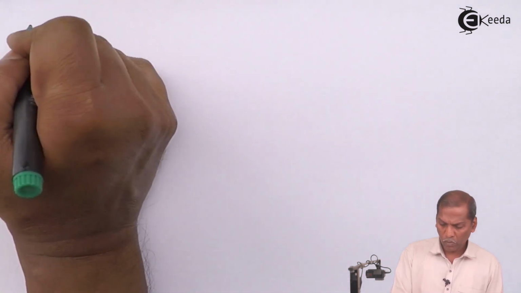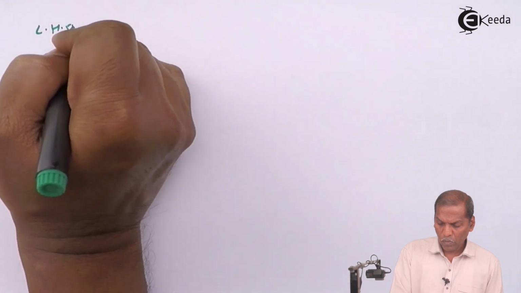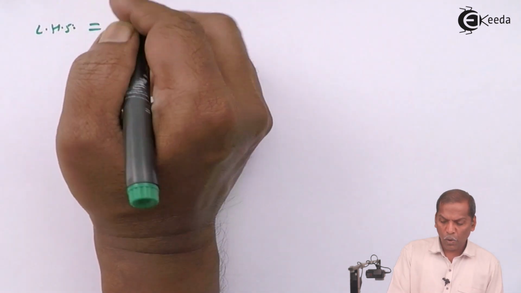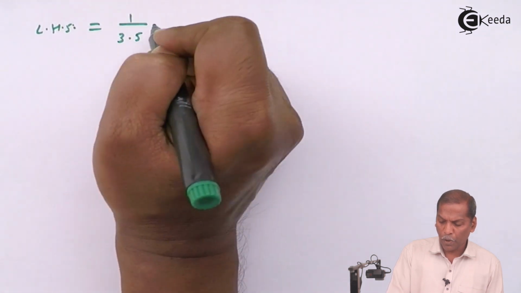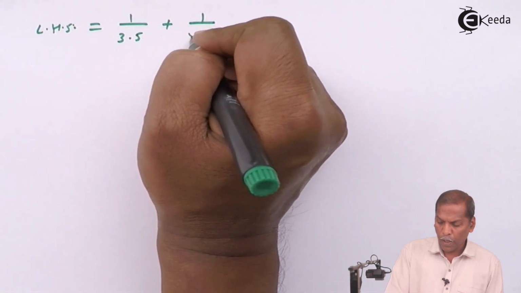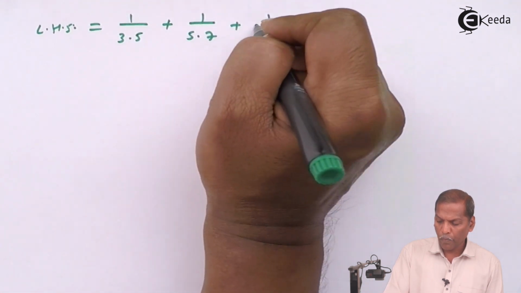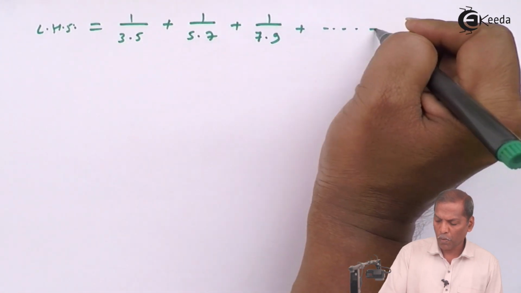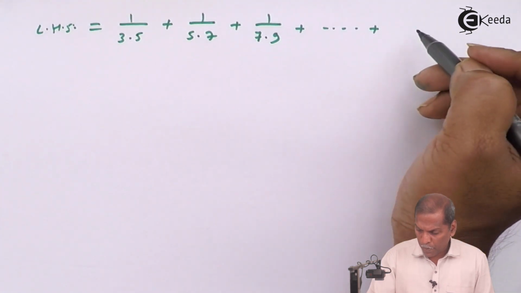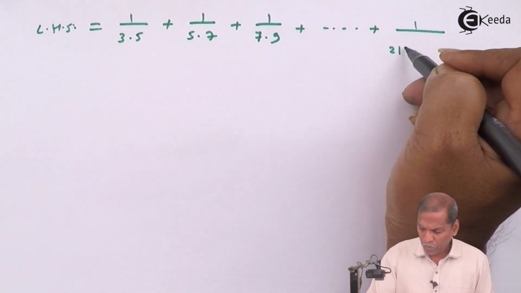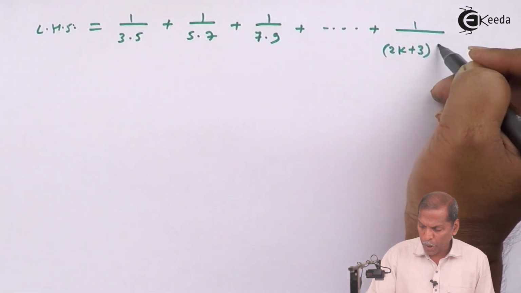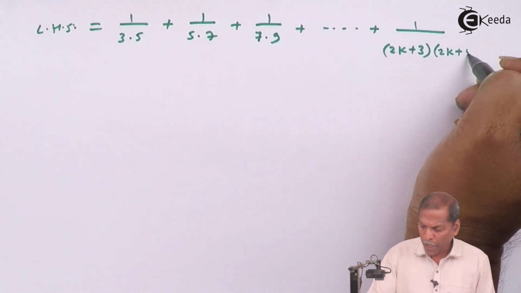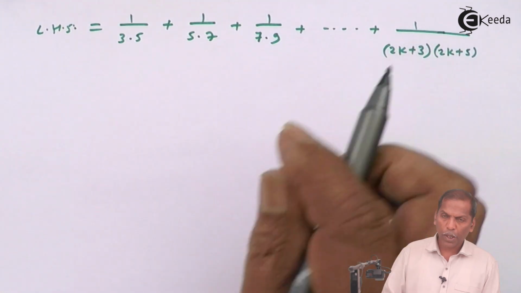So here we start from the LHS. Left hand side is equal to 1 upon 3 into 5 plus 1 upon 5 into 7 plus 1 upon 7 into 9, going on, plus 1 upon (2k plus 3) first bracket, (2k plus 5) second bracket.